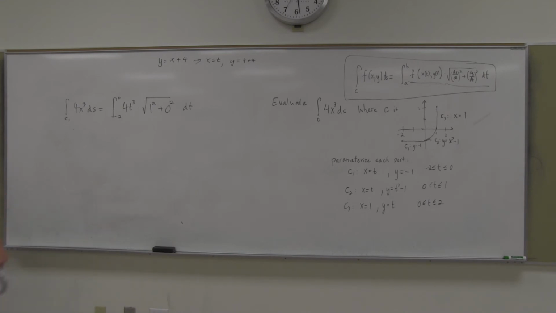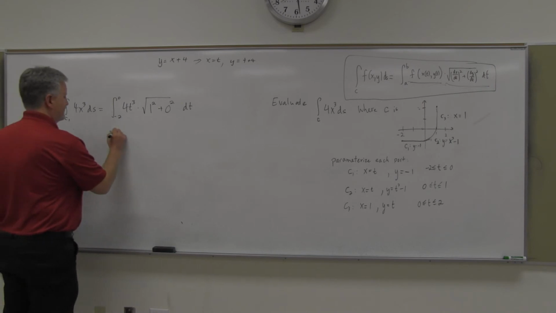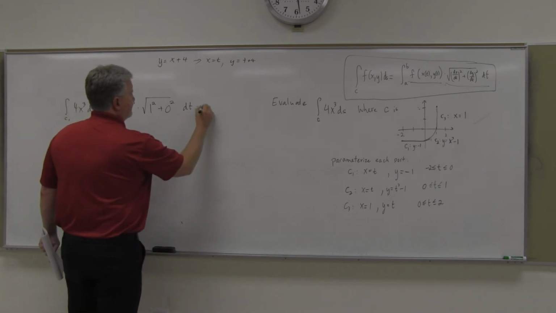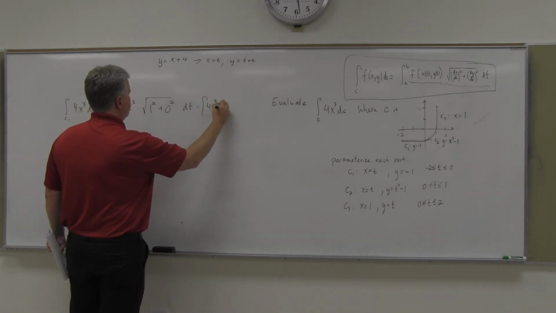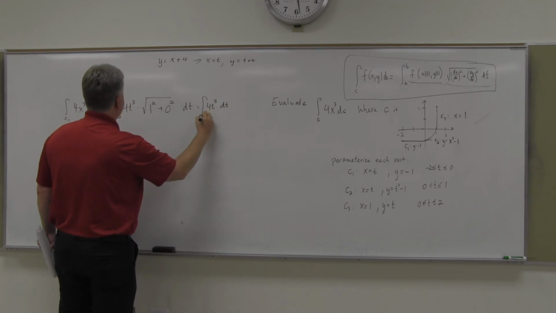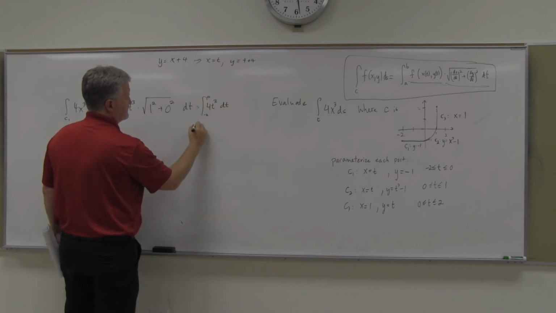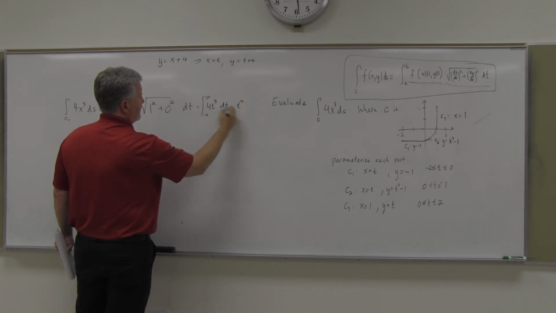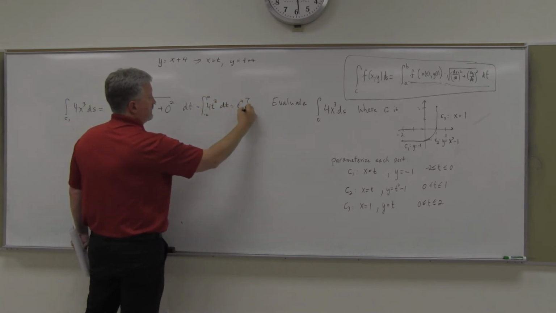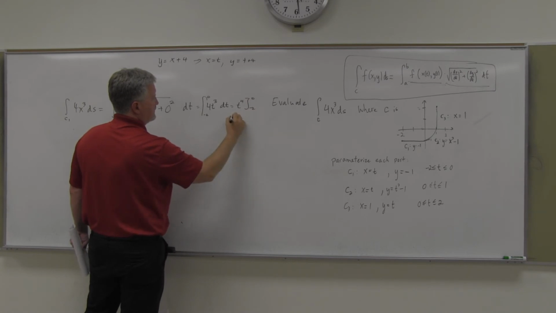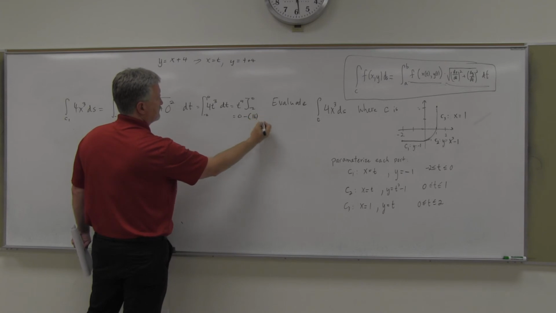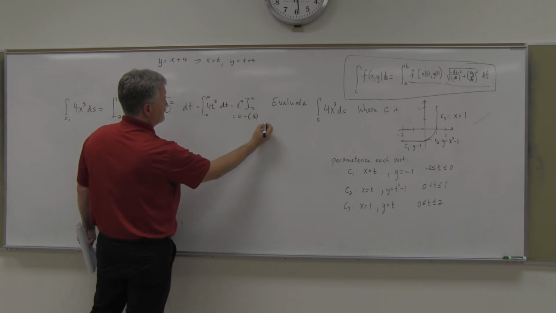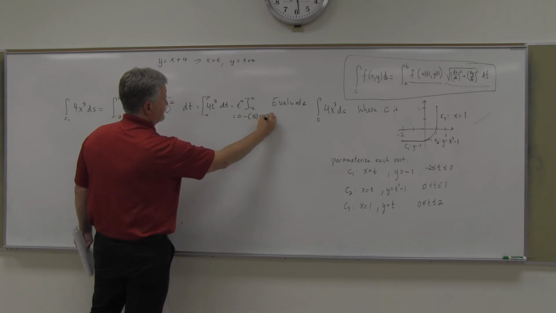Some of these turn out to be very simple integrals because that's just going to be 4t cubed, isn't it? Which is just t to the 4th, right? Because the 4's would cancel. And -2 to 0, so that'll be 0 minus 16. Is that right? 16.